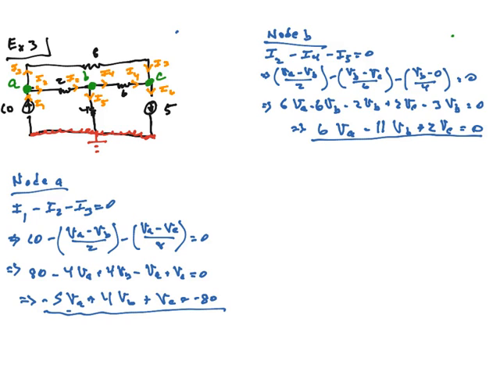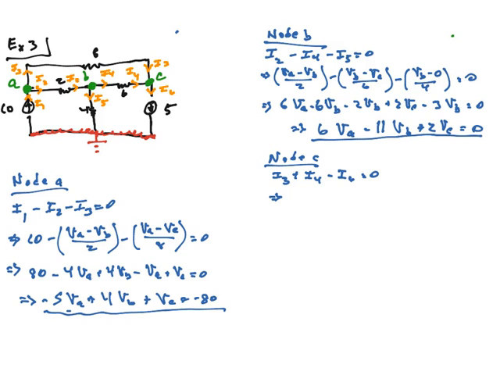Last node, node C. What does he have? I3 coming in, plus I4 coming in, minus I6 leaving. It's equal to 0. All right, what was I3?